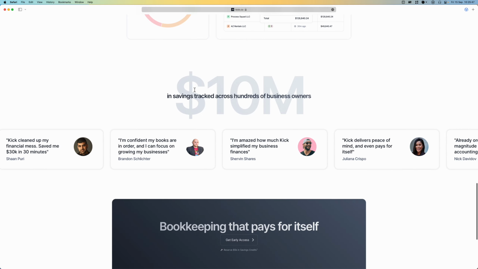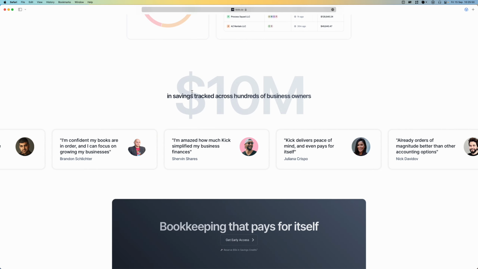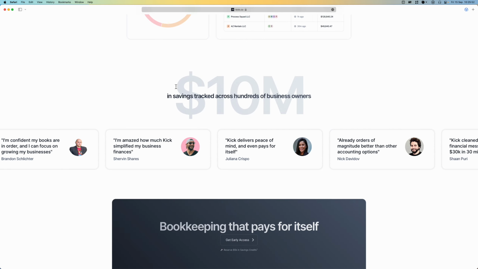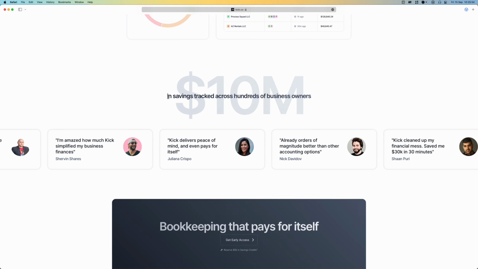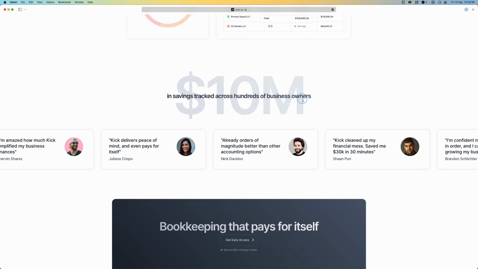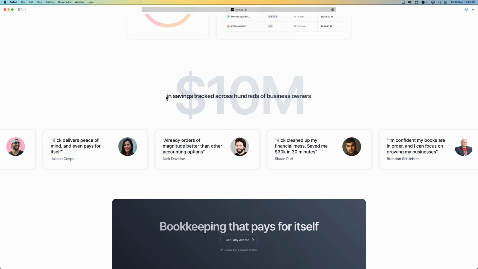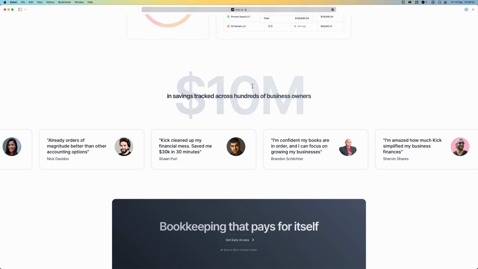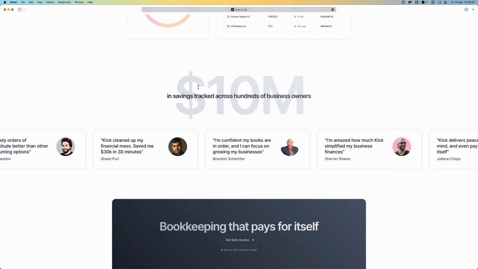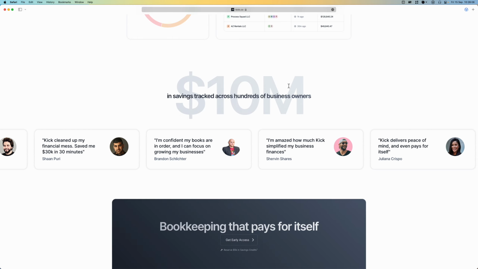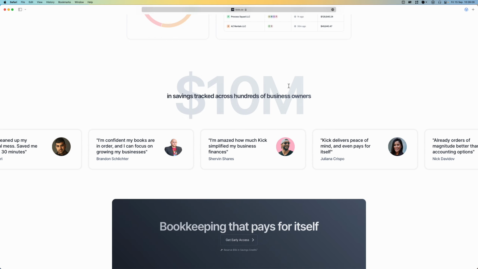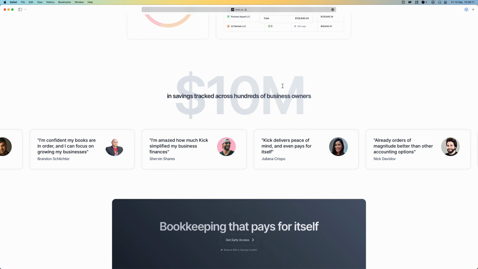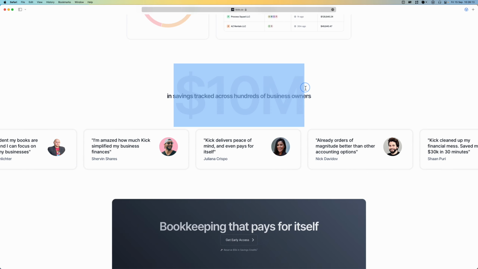This $10 million pattern I quite like, with the grey $10 million behind the title, and because it's a full sentence, $10 million in savings tracked across hundreds of business owners, it works quite well as this sort of combined pattern. And I don't mind how grey the text is, because they've made the text so big that actually it's much easier to read than if it were small and still the same grey.